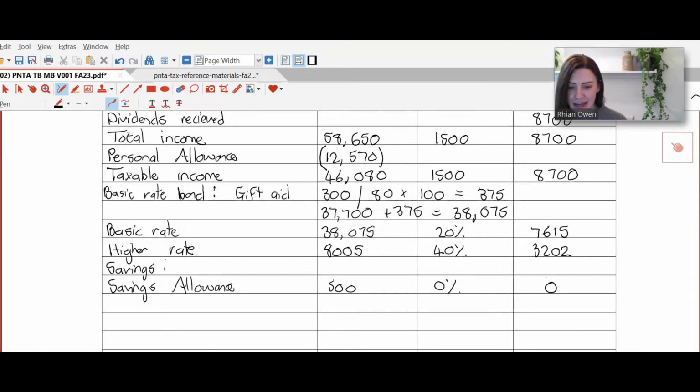Then the remaining is going to be taxed at the higher rate. So the remaining £1,000 will be at 40%.